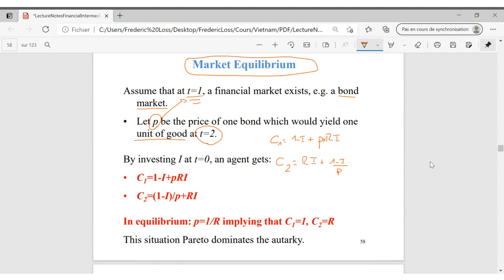So I've got 1 minus I, the unit price is P, so the number of units I can obtain is (1 minus capital I) over P.